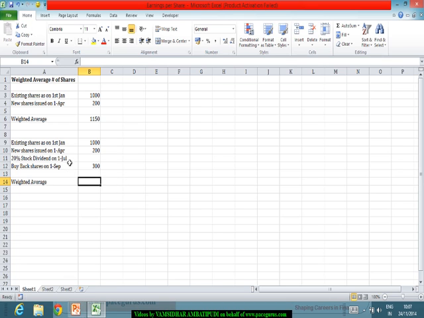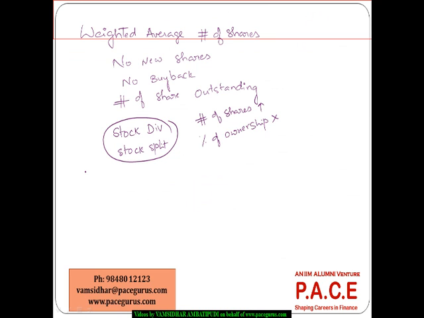Now the simple way for me to work this out, especially when there are stock dividends or stock splits that have happened during the year, is this. This is the period, let's say, for which I am doing the weighted average, and the stock split or stock dividend has occurred here.